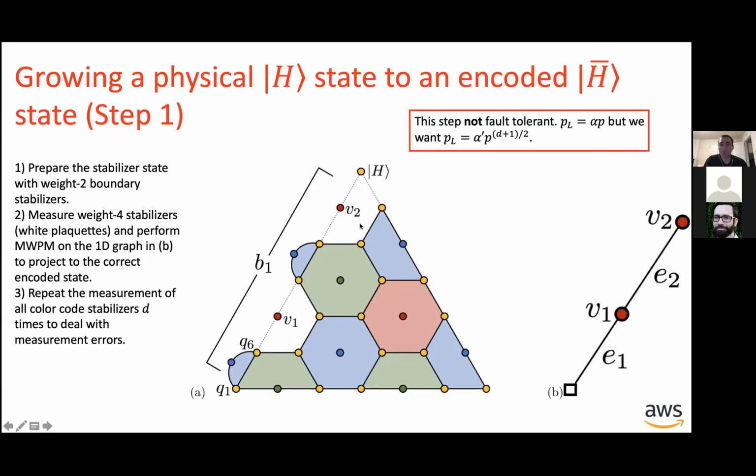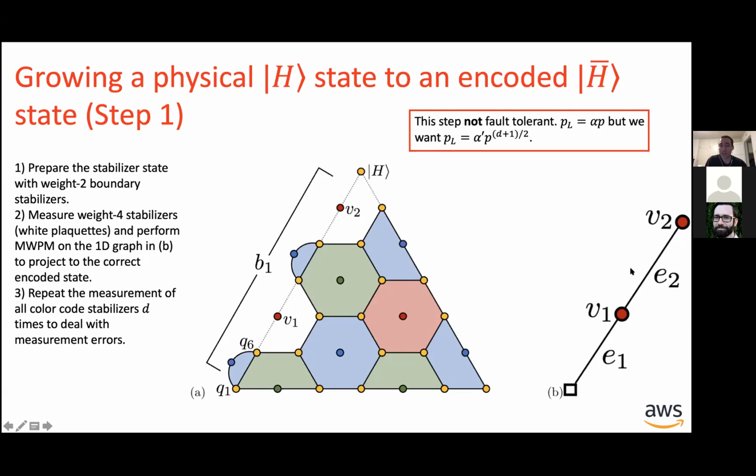Now the question is, based on -1 outcomes, we have to figure out what corrections we need to apply when we do measure -1 to project back to the code space. There are many ways of doing this, but a very straightforward way is to take this one-dimensional graph that you see on the right, where the vertices correspond to the measurement outcomes of these white plaquettes, and to do minimum weight perfect matching on this graph.